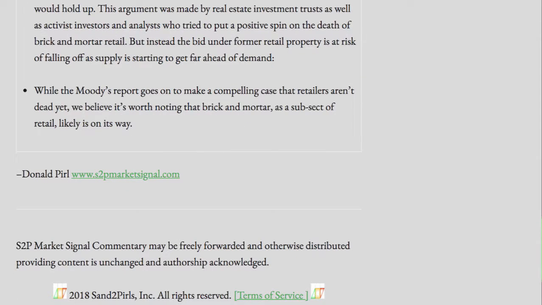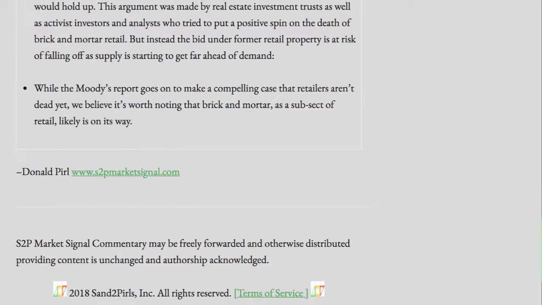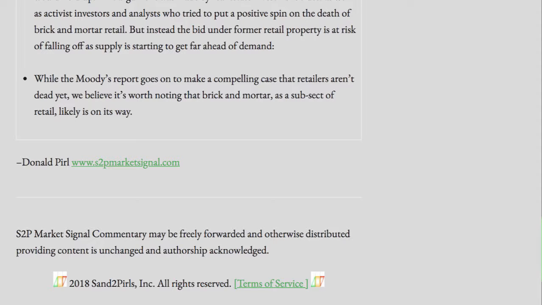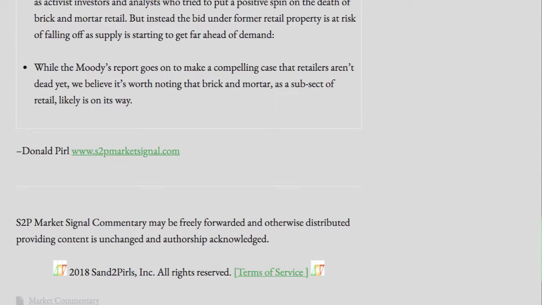But instead, the bid under former retail property is at risk of falling off as supply is starting to get far ahead of demand. While the Moody's report goes on to make a compelling case that retailers aren't dead yet, we believe it's worth noting that brick and mortar, as a subsect of retail, likely is on its way.